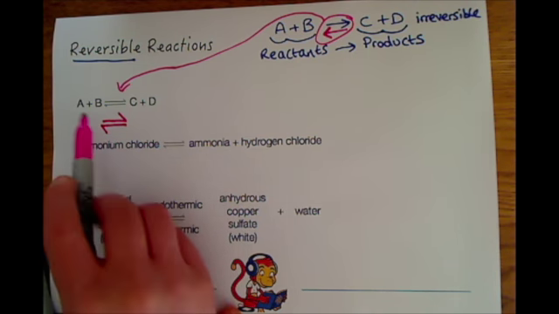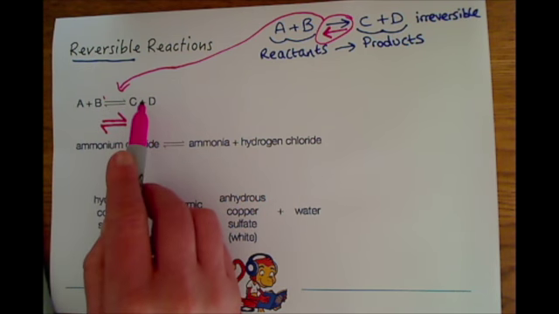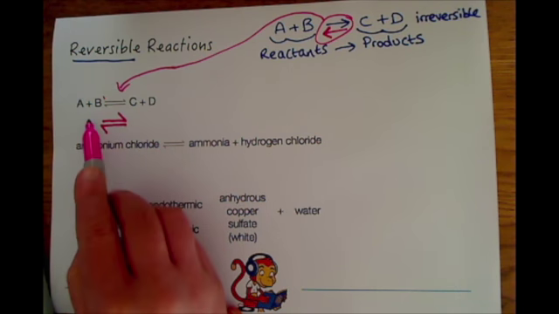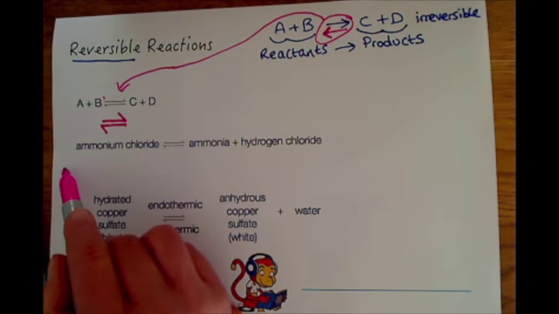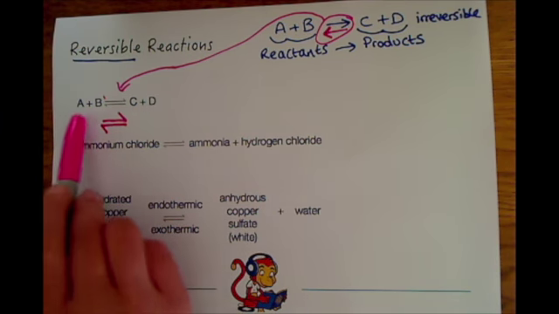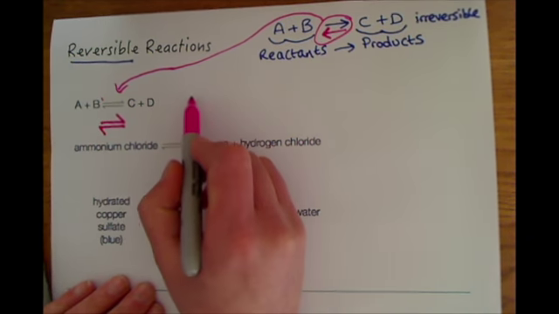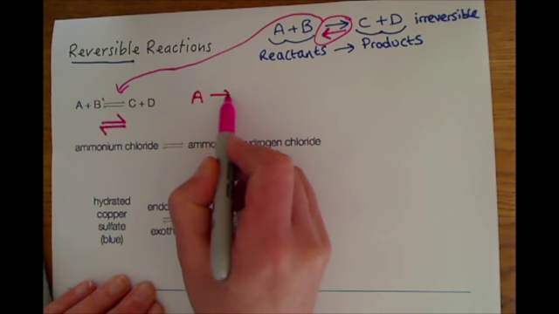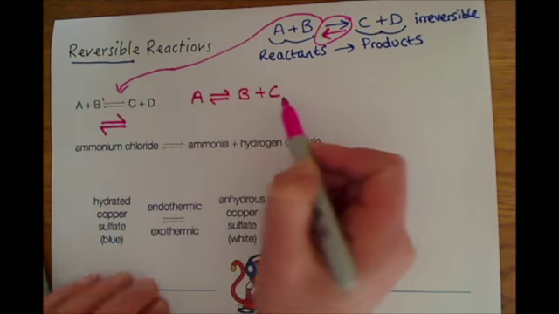So what this means is A and B can react together to make C and D, but also that C and D can react together and we can get back the A and B that we started off with. So not only will you see these in terms of two things reacting together, but you also might see them as just one thing producing B and C, for example.